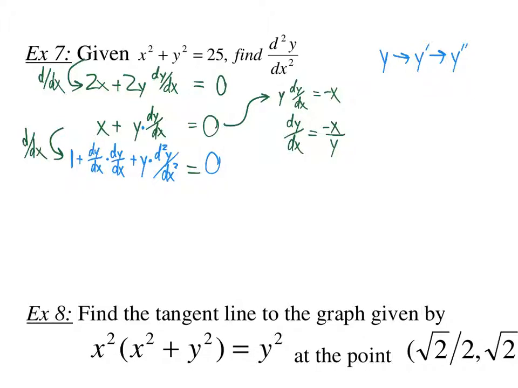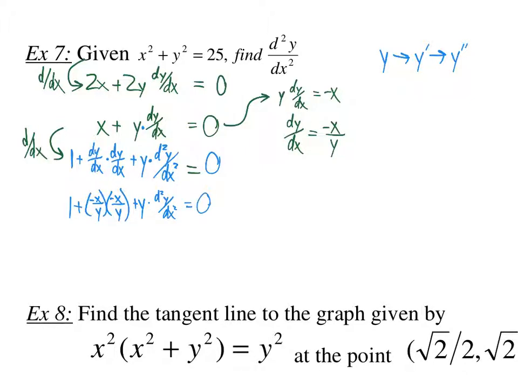So at this point, let's do a little bit of substitution. I have 1 plus dy dx times dy dx. I know dy dx is negative x over y, so I'm going to substitute that in, plus y times the second derivative equals 0.